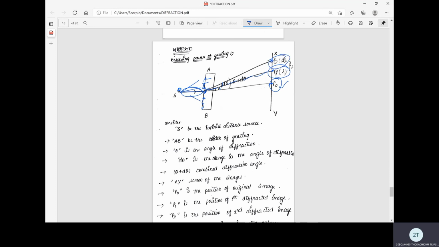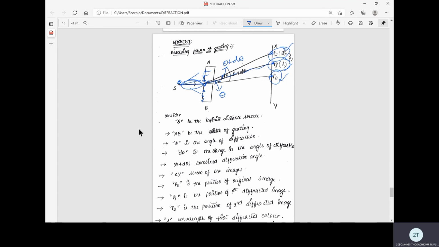Now here we can clearly see in this experiment that for the first diffracted image, the diffraction angle is theta. For the second diffracted image, it is theta plus d theta. Also, we can write the wavelength for P1 as lambda, then for P2 it will be lambda plus d lambda.